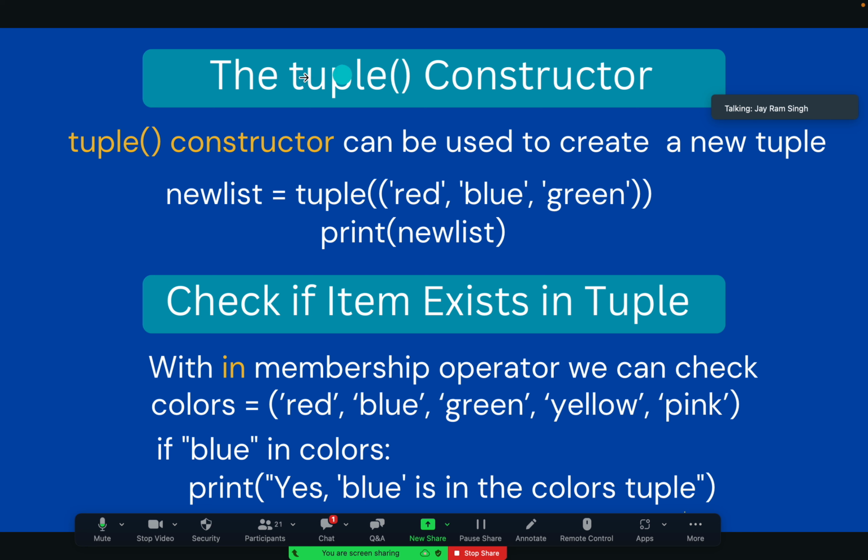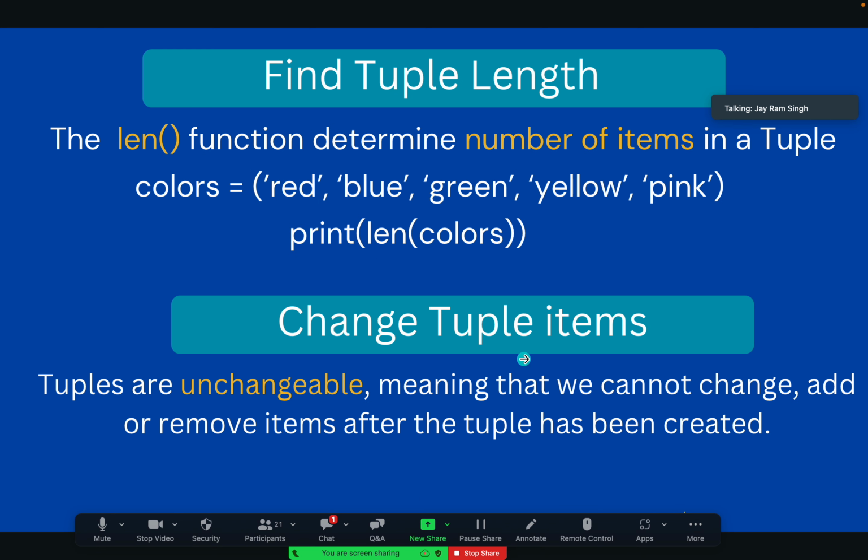You can use the tuple constructor to create a tuple. You have some values comma separated in a small bracket. You can use the tuple constructor to create a new tuple. Basically, do not confuse the name. This is the tuple. You can check if an item exists in a tuple or not. If blue in colors, the same membership operator you will use.